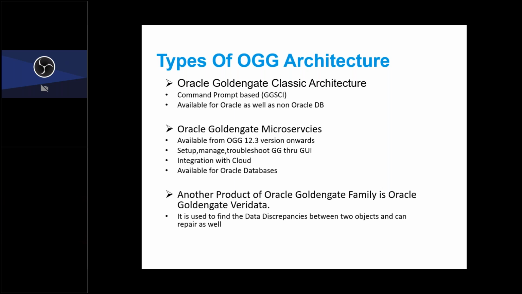So you are replicating the data from source to target. Now suppose on source you have 10,000 records, on target you have 9,000 records. So there is a discrepancy of 1,000 records which has been identified. What Veridata can do for you is data verification, and it can also repair those discrepancies for you. So that is the advantage of using Veridata.